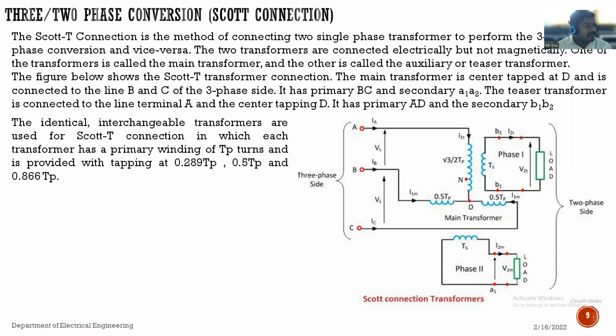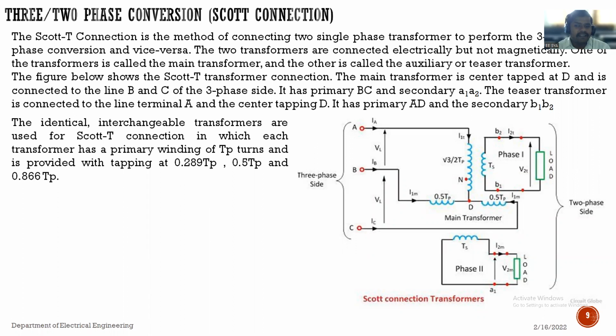We took voltage B to C as the reference phasor. According to this, we drew the phasor, and by using the Pythagoras theorem, or the triangular property, we calculated the number of turns AD present in the teaser transformer.